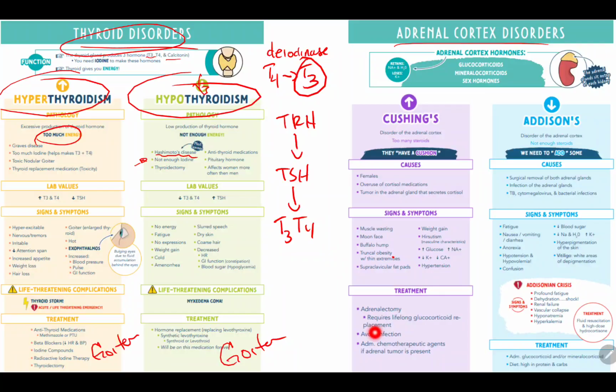Okay, and I'll let you look at these lab results too, that you can see for the different diseases. Now let me change gears and talk about the adrenal gland for a second. So I'm going to draw an adrenal gland.